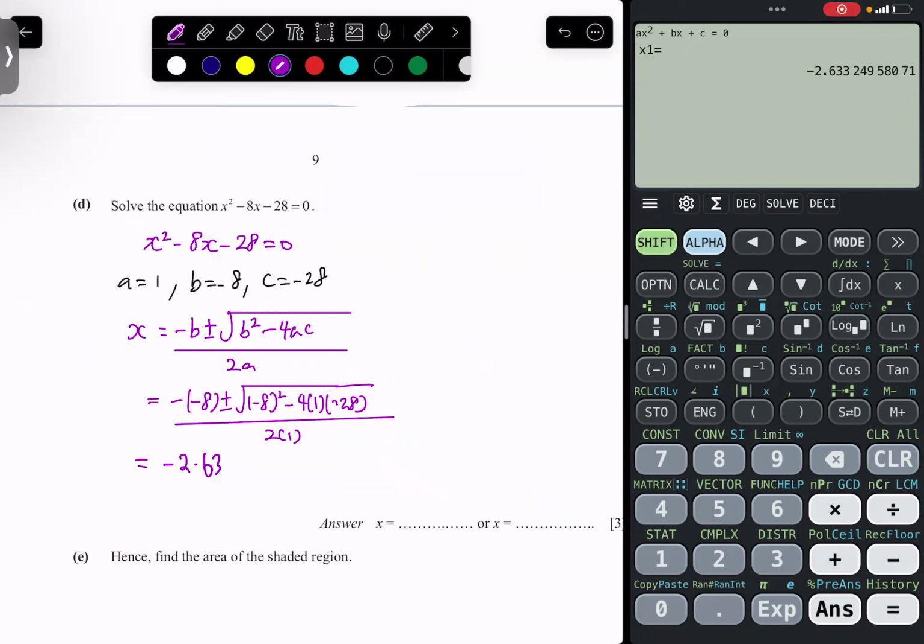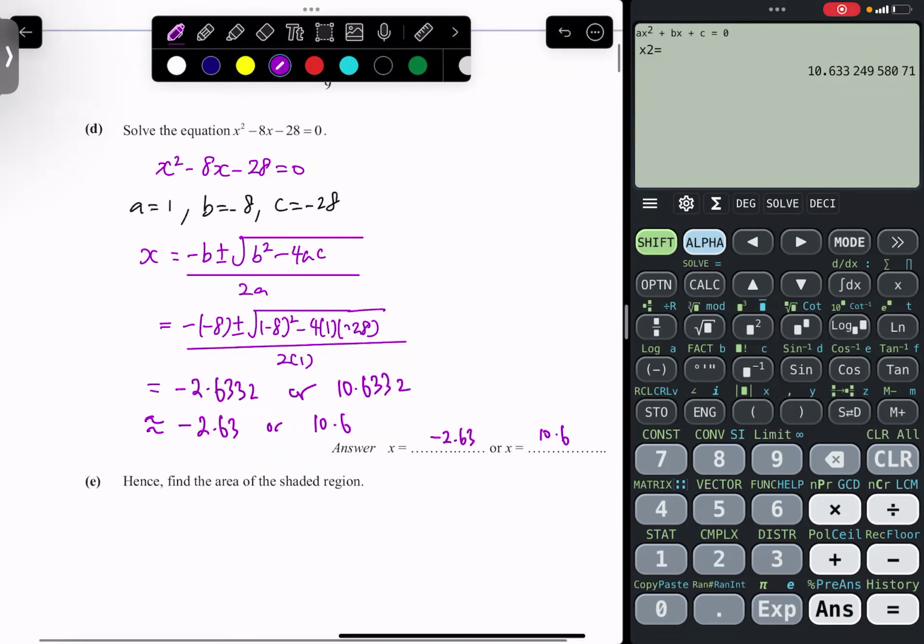You already know that the answer is going to be negative 2.6332, to 5 SF first, or 10.6332, which you then have to round off to 3 SF. Negative 2.63 or 10.6.